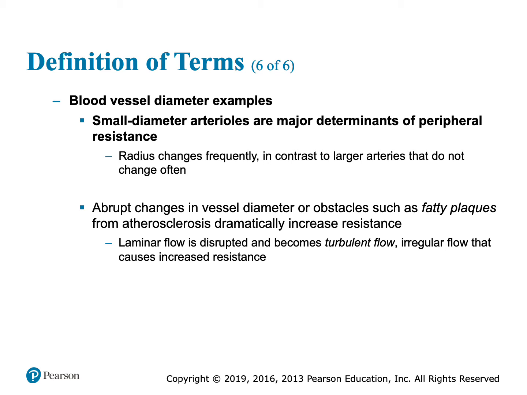Okay, so the major determinants of our peripheral resistance are going to be at the arterial level. Larger arteries, like where your aorta is coming off, don't change much. He stretches. I mentioned this in the last PowerPoint. He stretches so that he can accommodate that pressure that's coming from the heart.